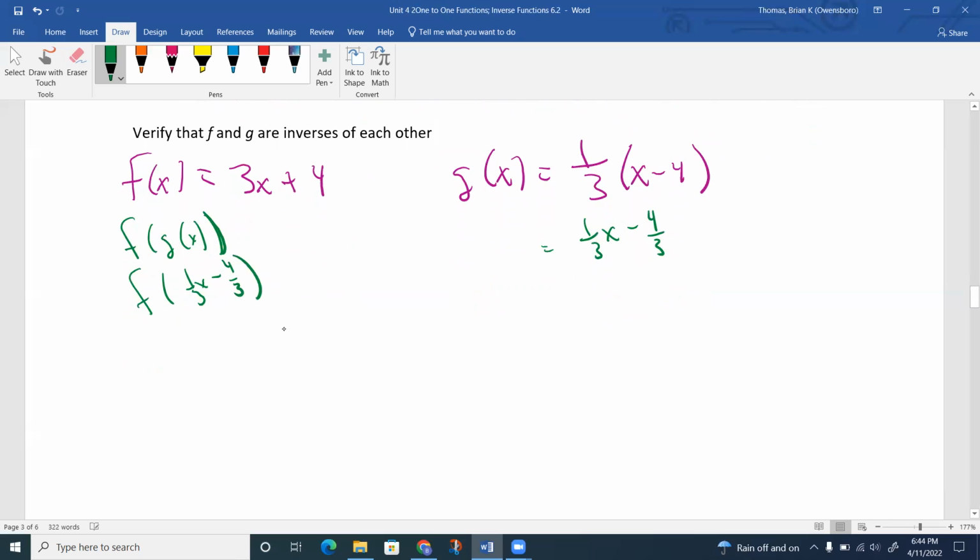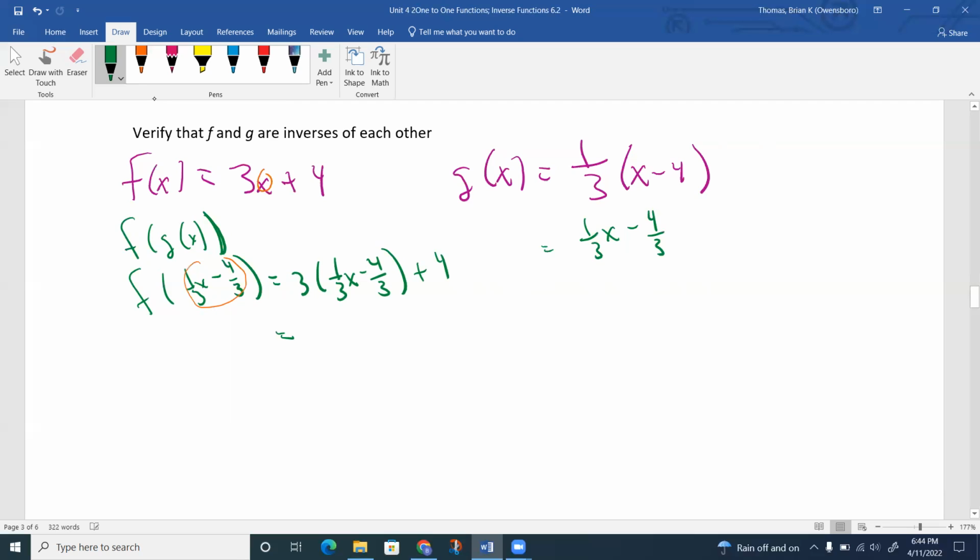What I have to do now is substitute 1/3 x minus 4/3 in for x in the f function. So this here is going to get substituted in for x up here. So this becomes 3 times (1/3 x minus 4/3) plus 4. To evaluate this, I have to multiply the 3 through the parentheses.